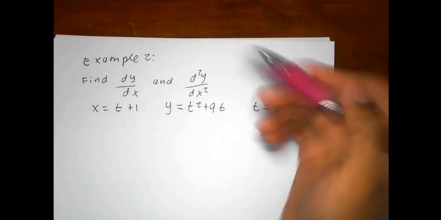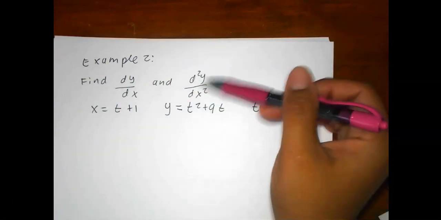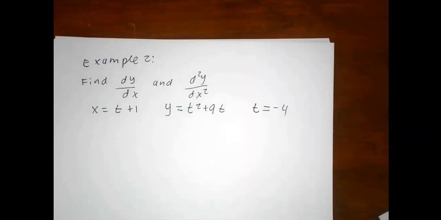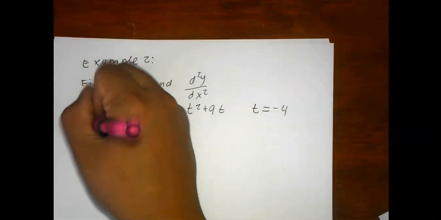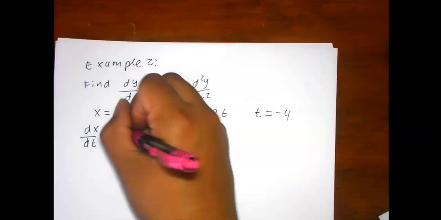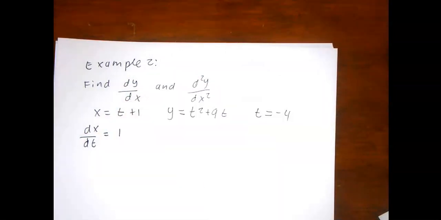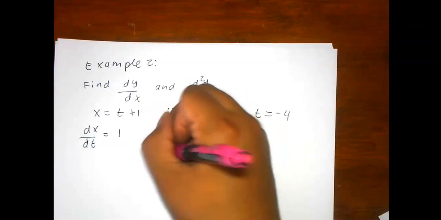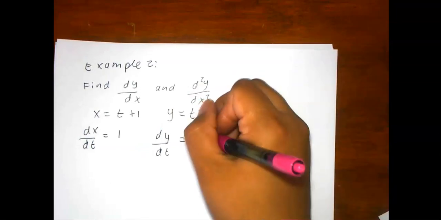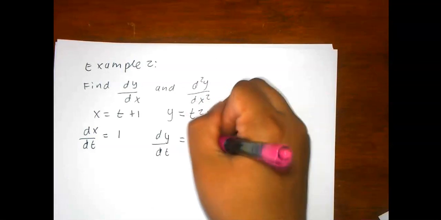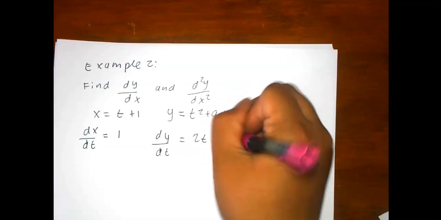Example 2 has to find dy/dx and the second derivative. Okay, so let's do our first derivative first. dx/dt, in this case, would just be 1. And from here, we get that dy/dt is going to give us 2t plus 9.